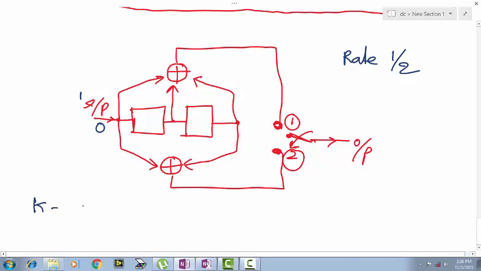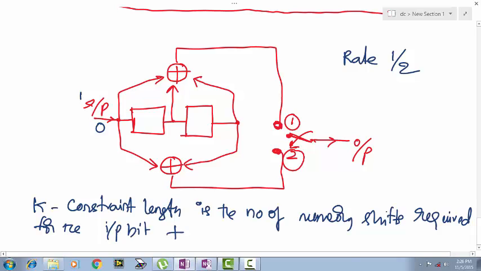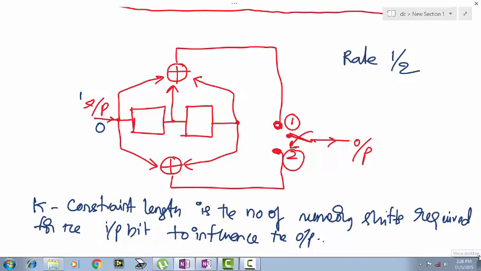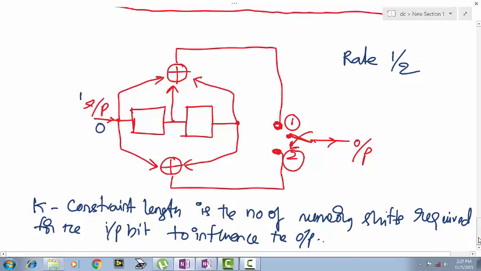So capital K, the constraint length, is the number of memory shifts required for the input bit to influence the output. So in a simple way. There are other ways to define constraint length, but this is the simple way of remembering it.